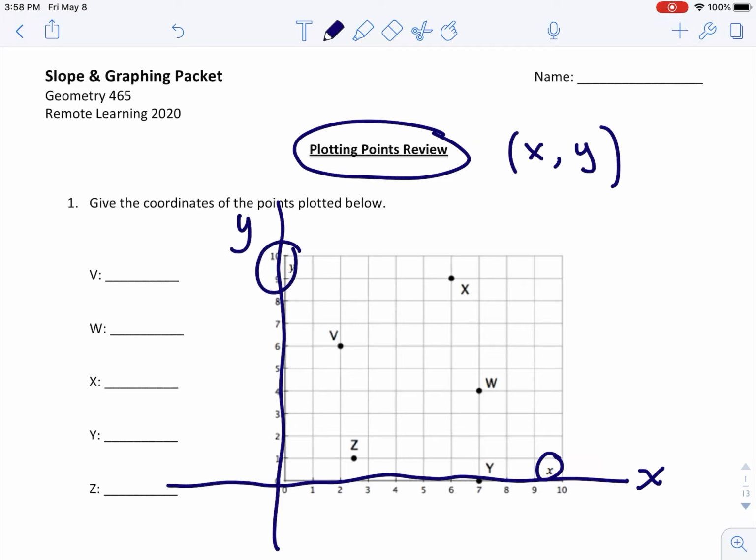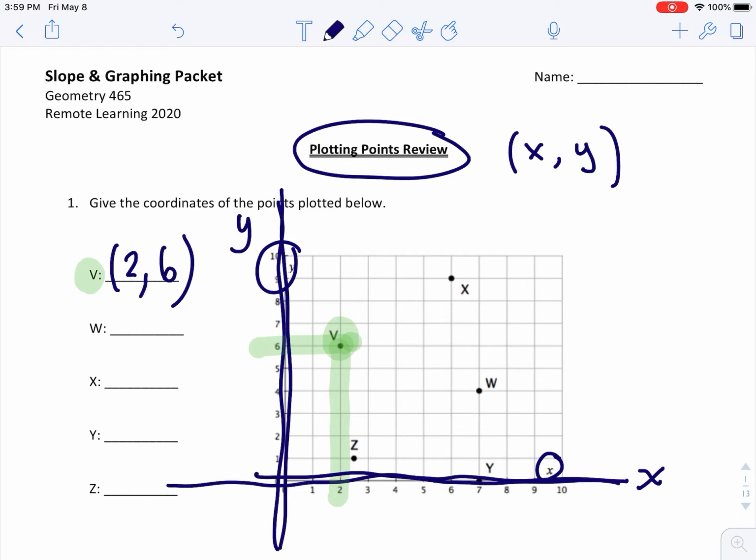Okay, and so if it wants the coordinates for point V, well, here's point V. So I go down to see what its x coordinate is first. So its x coordinate is 2, and then I go to see what its y coordinate is, and its y coordinate is 6. So it's always the x coordinate first, and then the y coordinate, okay? Be careful, there's some that might be decimals, and always be careful with the 0 ones. But that's your refresher. You know x always goes first, then y.